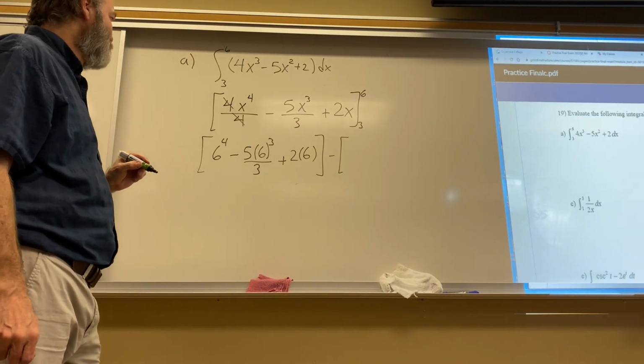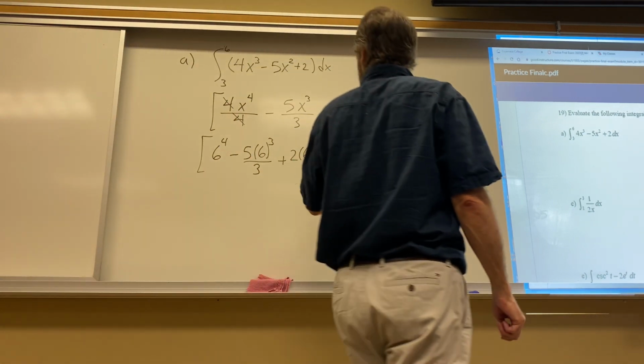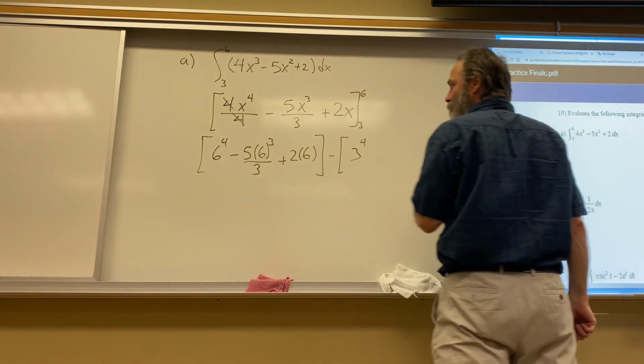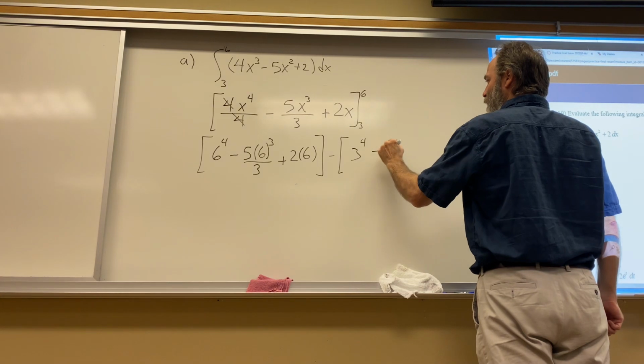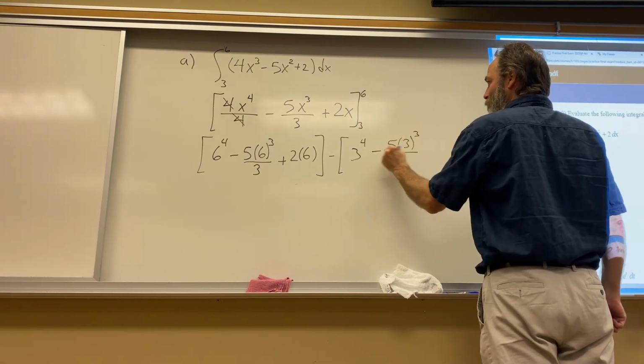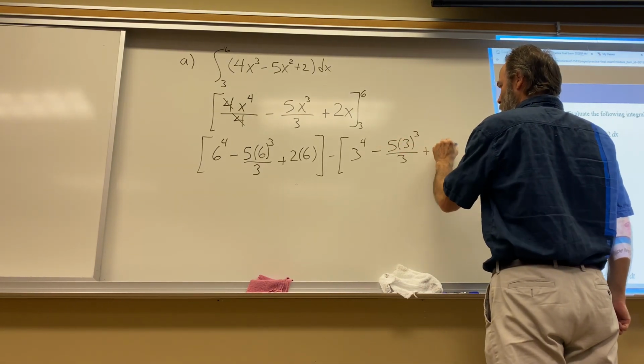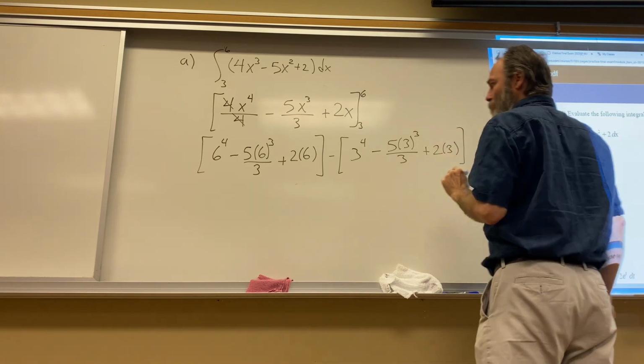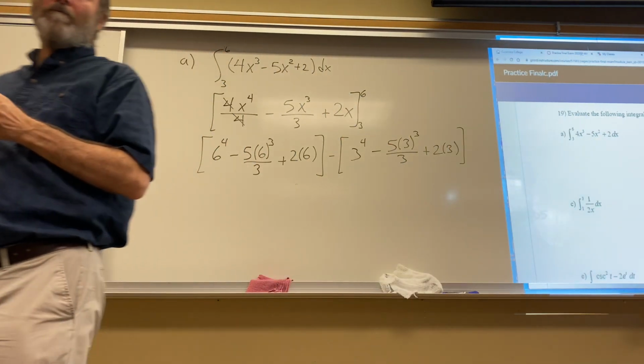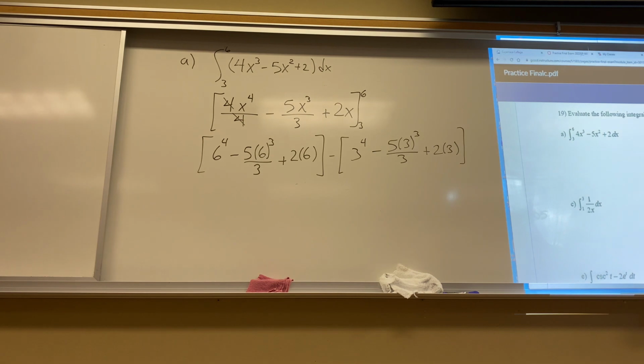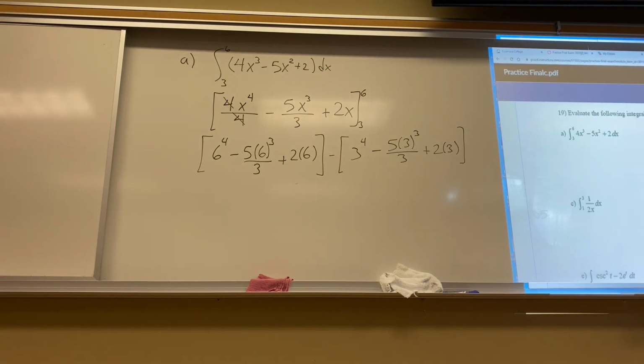Minus 3 to the 4th minus 5 times 3 cubed over 3 plus 2 times 3. I'm okay if you leave it like that, or you can plug it in the calculator and evaluate it. Pretty sure this one comes out to a whole number.